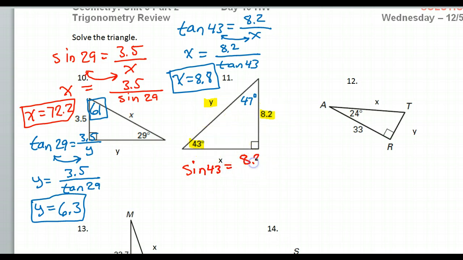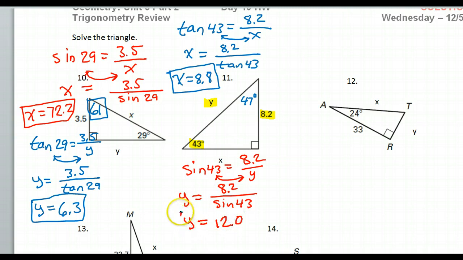So 8.2 over y. Again, the unknown is in the denominator, so I will do this reversal. So that's going to give me y equals 8.2 over sine 43. Calculator. So that's y equals 12.0.